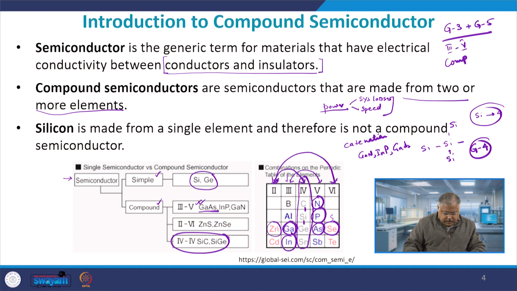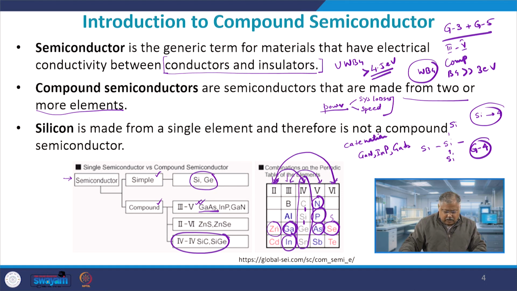Now, typically there is an increasing demand for a wide band gap material, whose band gap should exceed 3 electron volt, more than 3 electron volt, and even ultra wide band gap material, where it is greater than 4.5 electron volts, right.